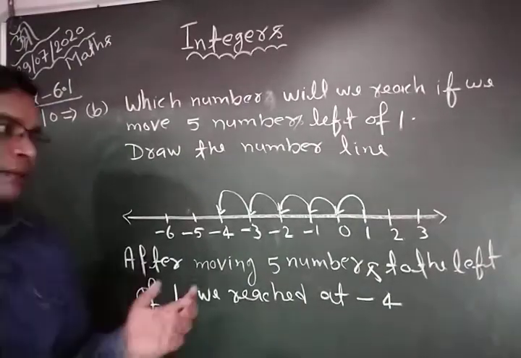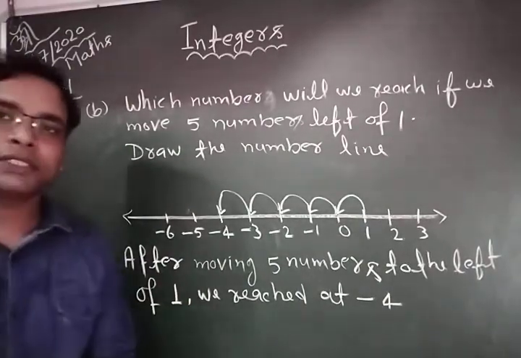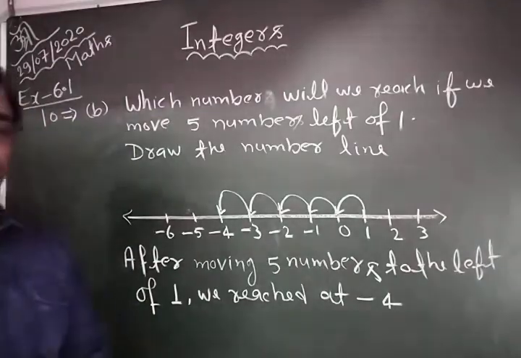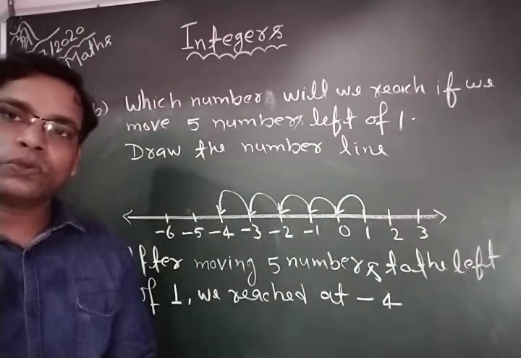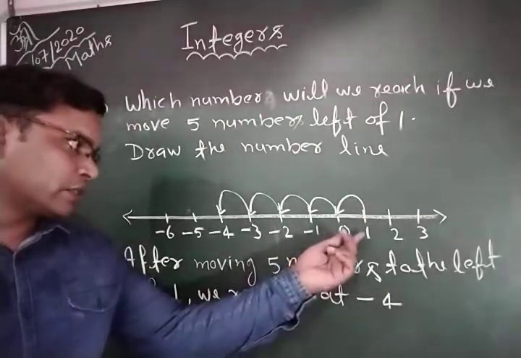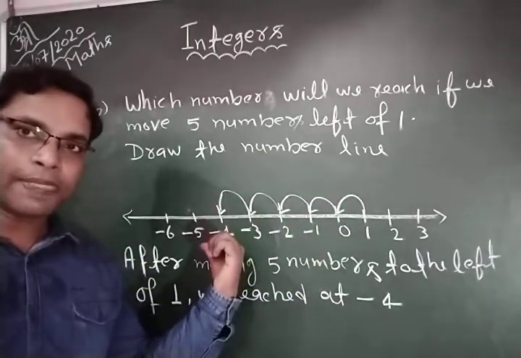Clear? After moving 5 numbers from 1 to the left, you can see here we reach -4.